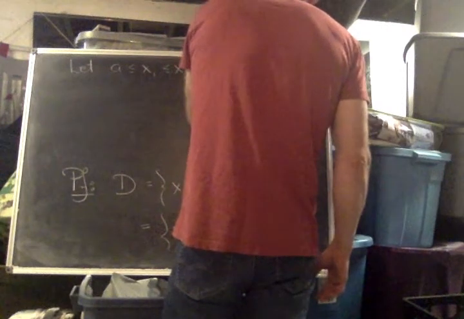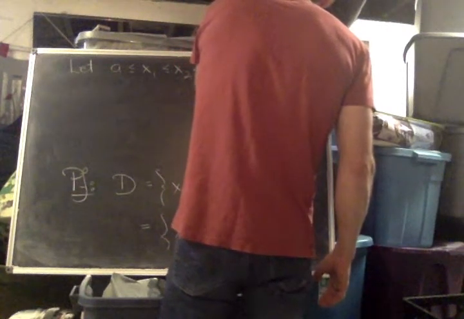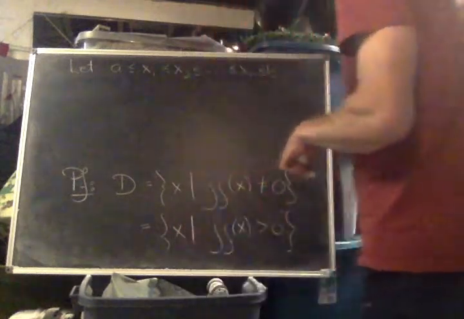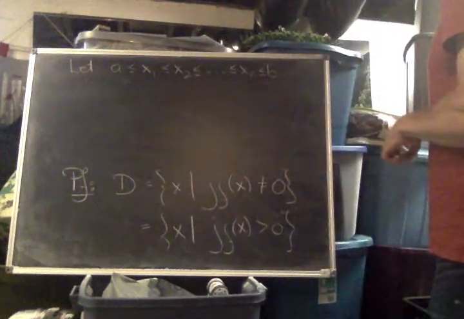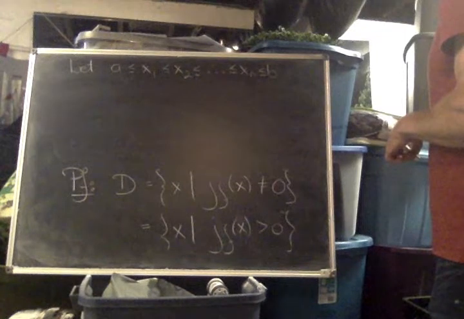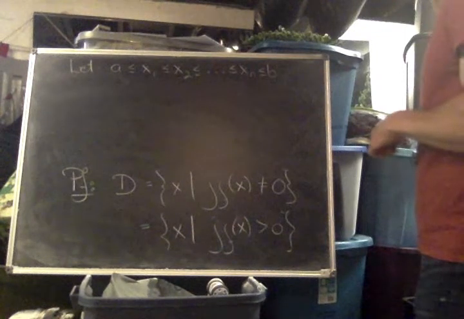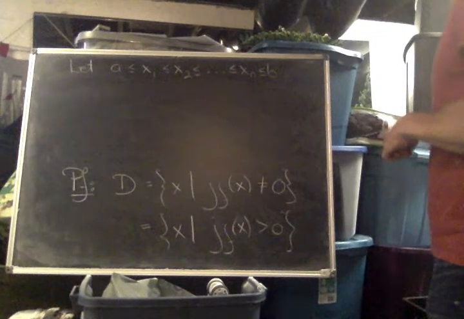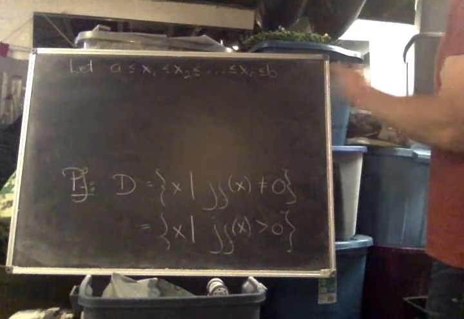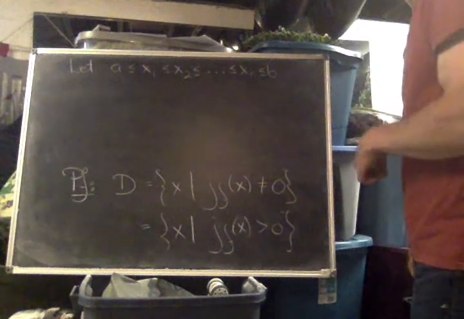Let's take a finite list of points: a less than or equal to x1, x2, all the way up to xn less than or equal to b. So this is just an increasing list of points from the interval.